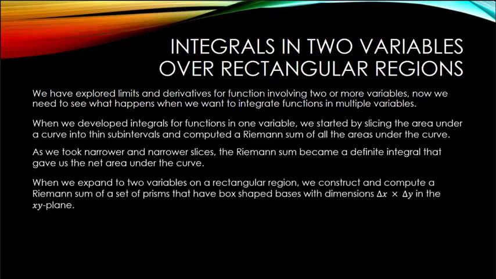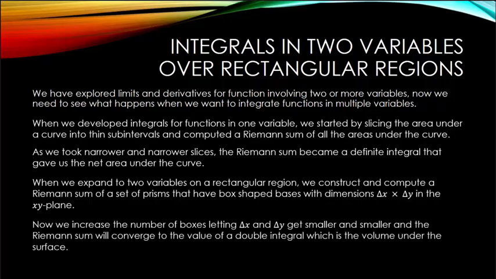When I expand to two variables on a rectangular region, we do a very similar type of process. We construct and compute a Riemann sum for a set of prisms that have box-shaped bases with dimensions delta x by delta y in the xy plane.